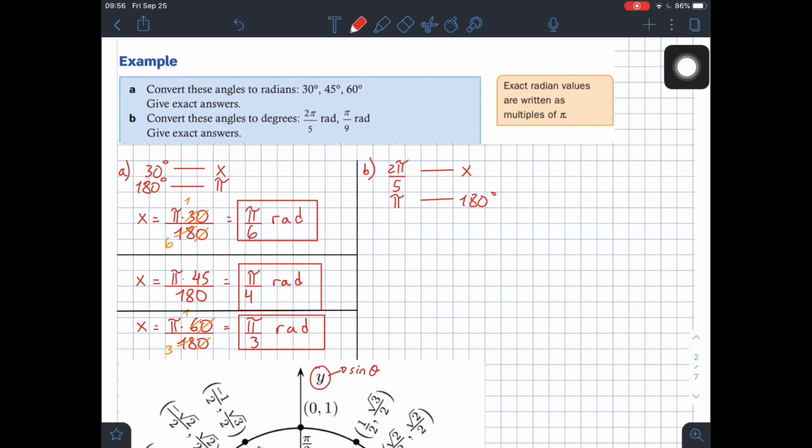Okay, so if we do this proportion, we're going to say that x, the value we're looking for, is equal to 2 pi over 5 times 180 divided by pi, right? That's the order in which we multiply. So it's 2 pi over 5 times 180, and this is being divided by pi.